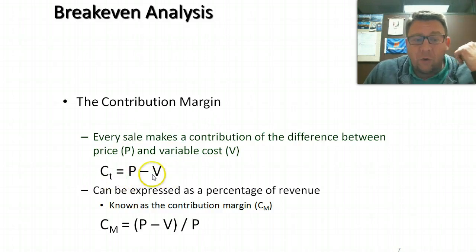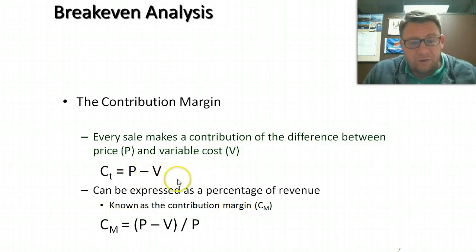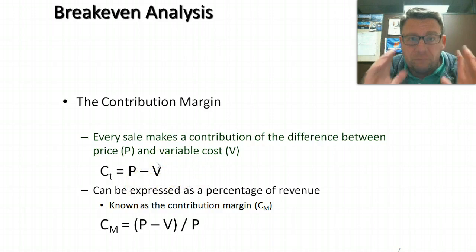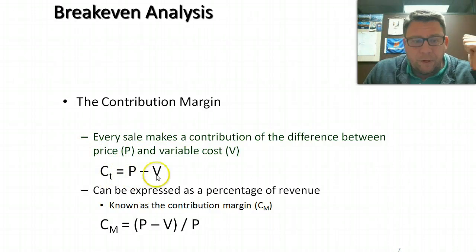We can do this per unit: price per unit minus variable cost per unit gives us contribution margin per unit.